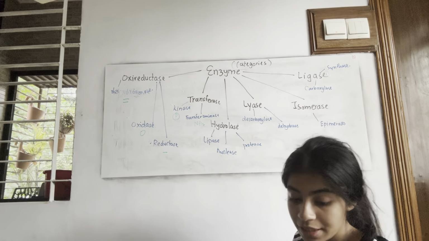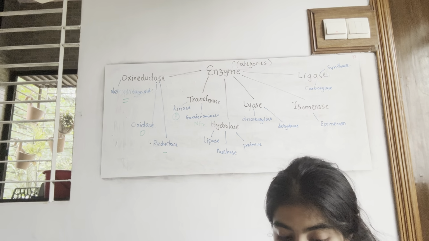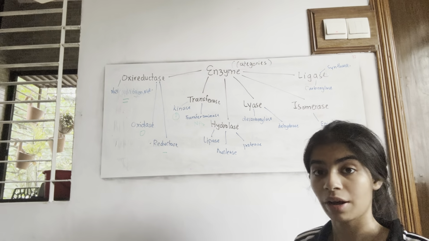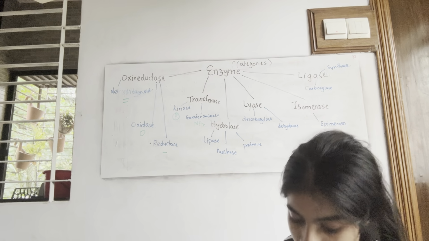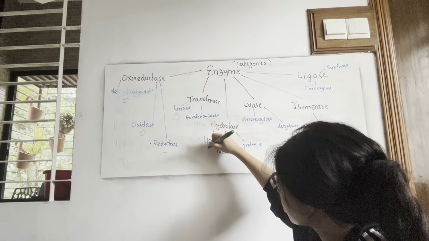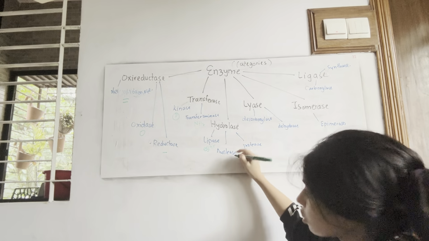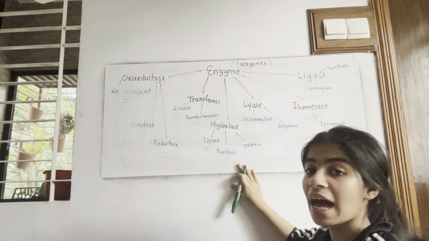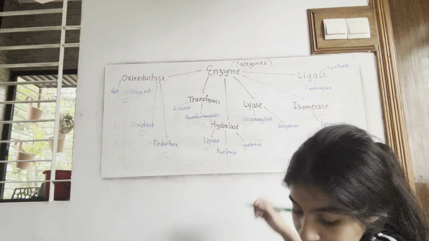Okay, hydrolase, they catalyze the hydrolysis reaction of esters, amides, and other related substrates. We know what that is, we've done hydrolysis. The types of them are lipase, which acts on ester. Nuclease, which acts on phosphate. You know how nucleic acid has a phosphate backbone? This is your stuff. And then protease, amide.